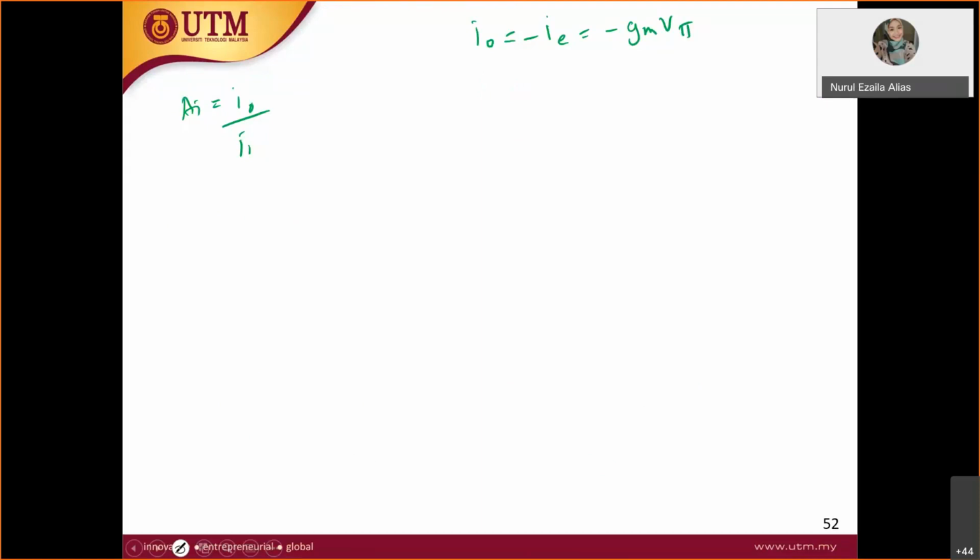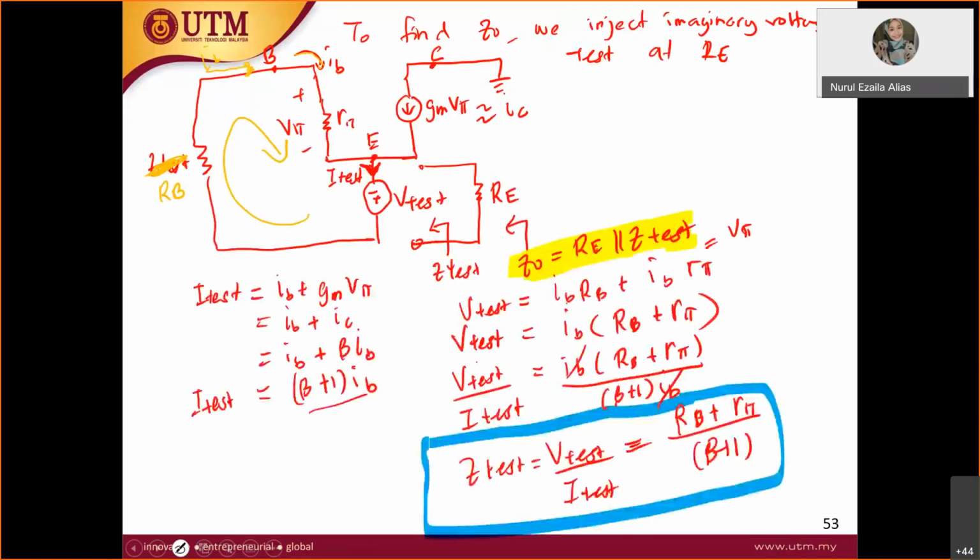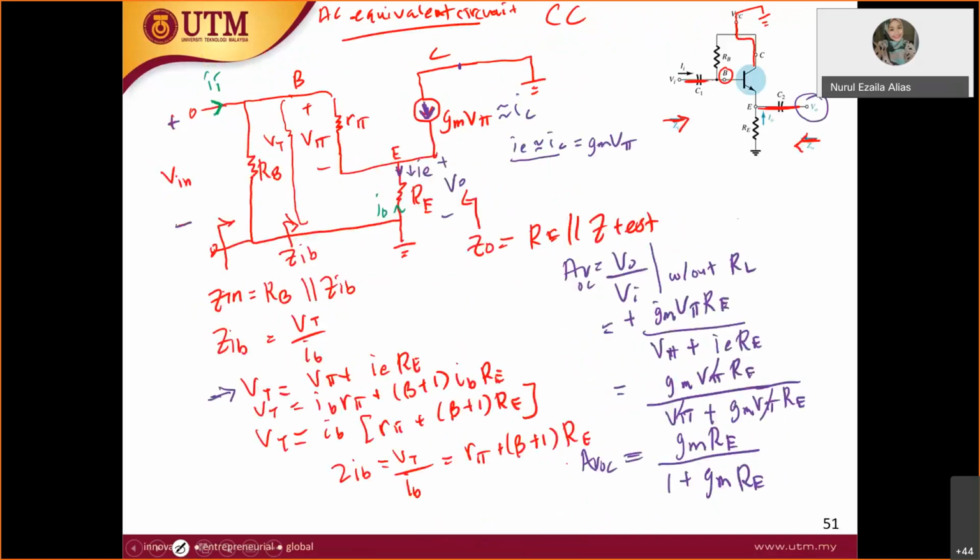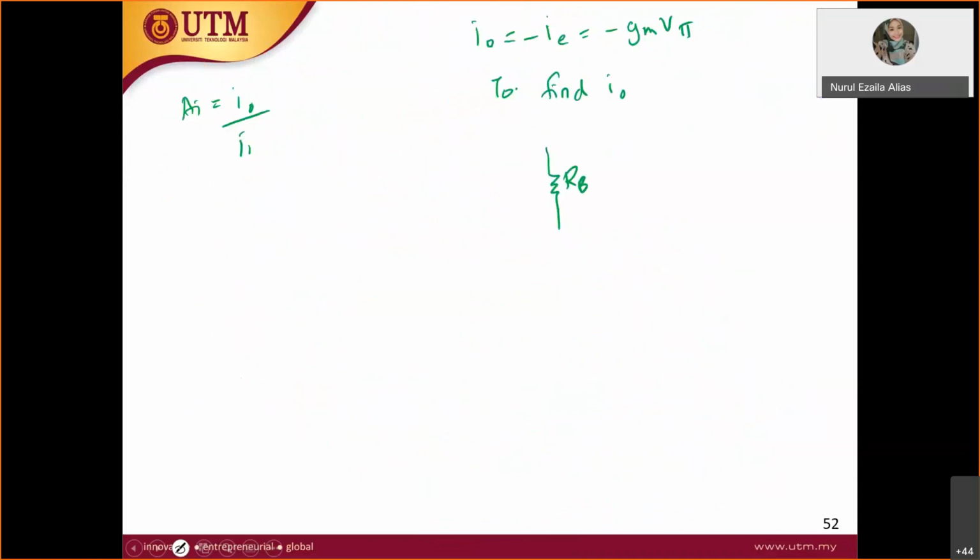To find I in, I draw again here. So you have RB, and after RB, I don't want to draw the R pi and so on. I just want to draw the Z in B.